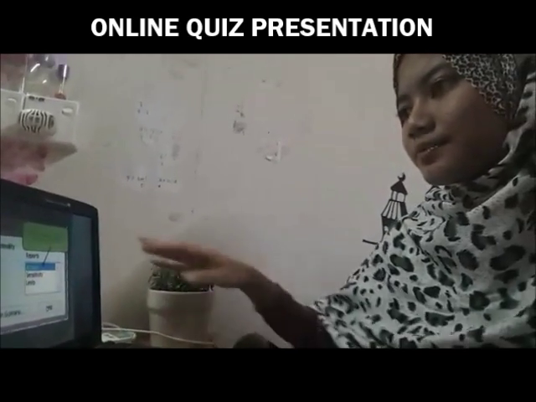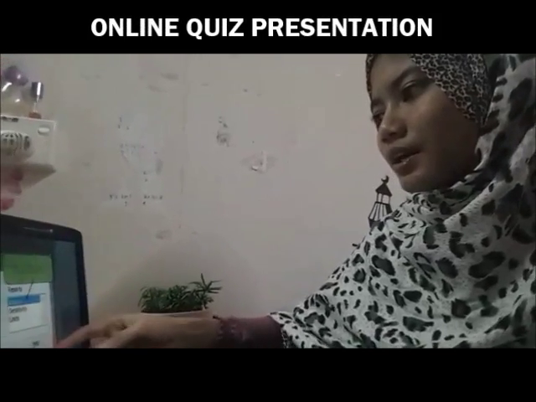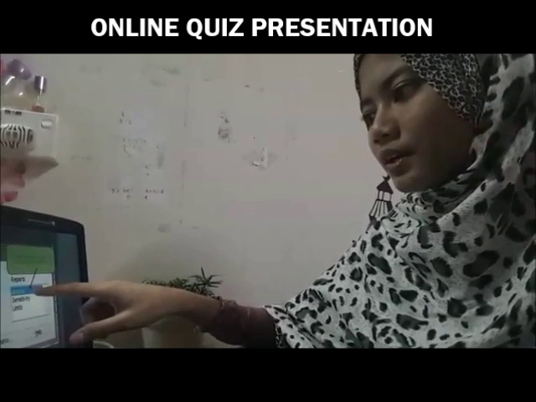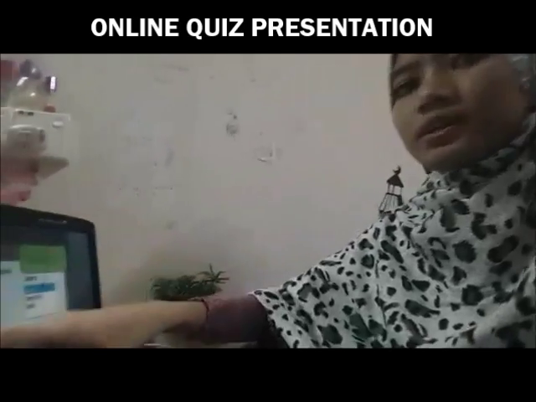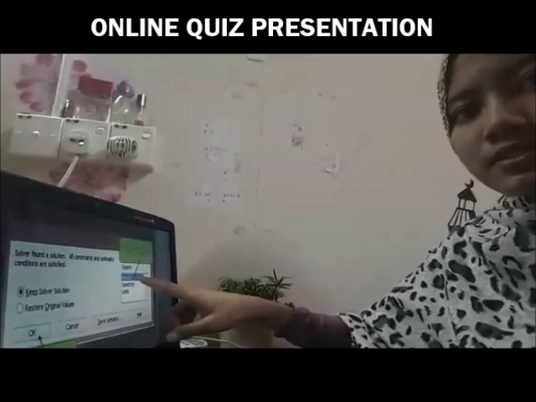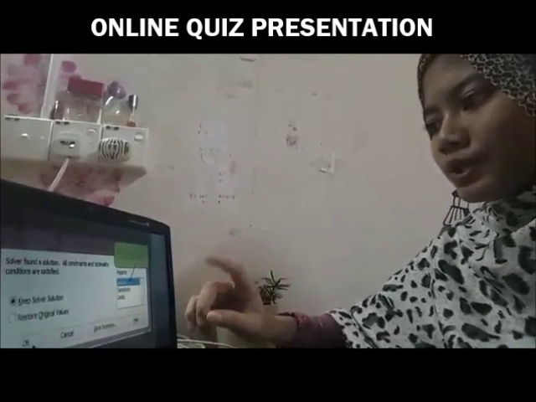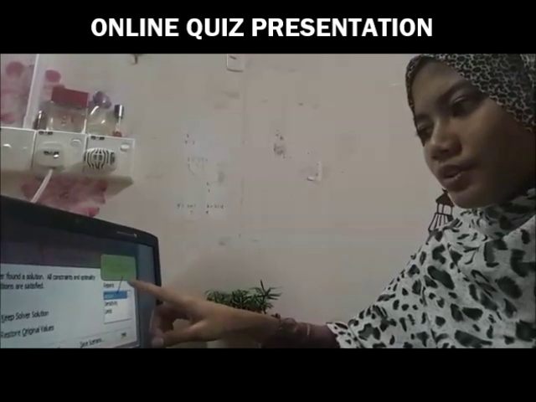In this slide, I will show you how to get the answer report. We can click at this, add answer, click OK, click answer and click OK. If you don't want the answer report, it's okay.